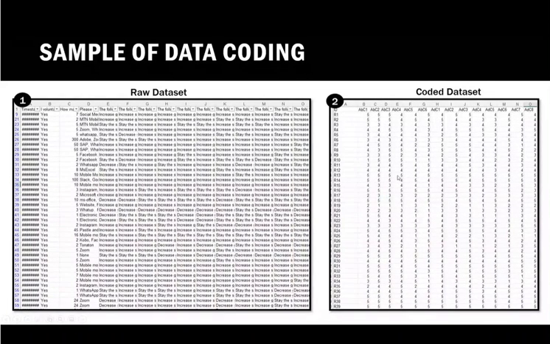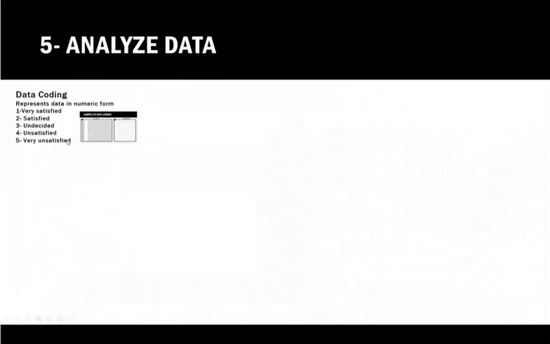But you need to be able to transform them, code them into something like this before you can even inspect them properly and perform some form of descriptive analysis, okay?